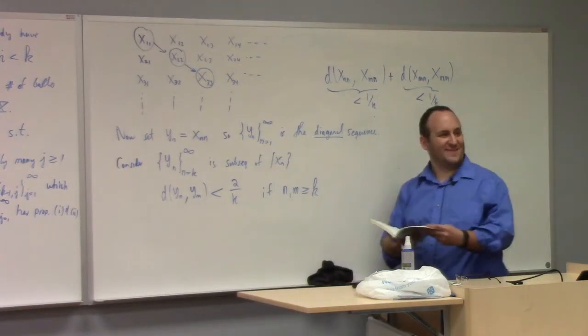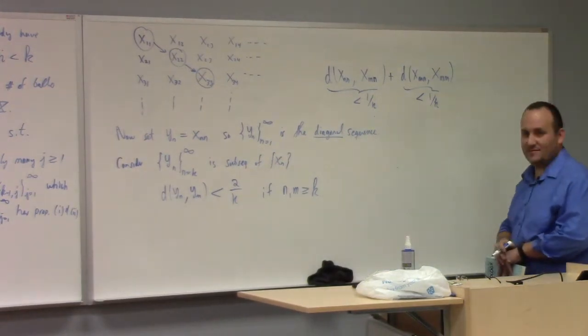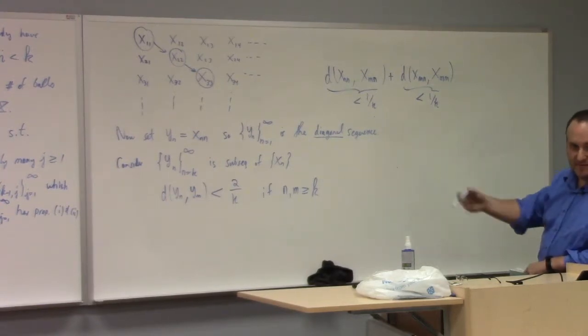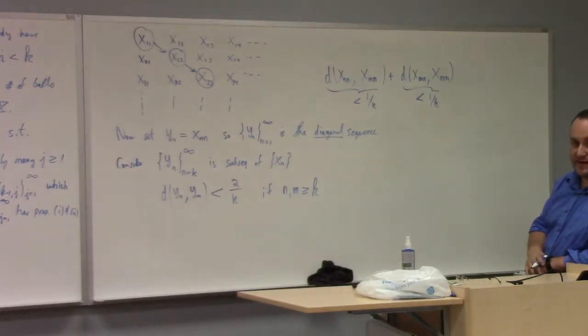Oh, there's a 2 there. And then what does that show? Well, as k goes to infinity, the distance between subsequent elements in this subsequence y sub n goes to 0, which is to say that the diagonal subsequence is Cauchy. Theorem 5.6 proved.